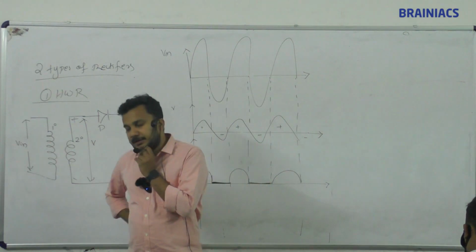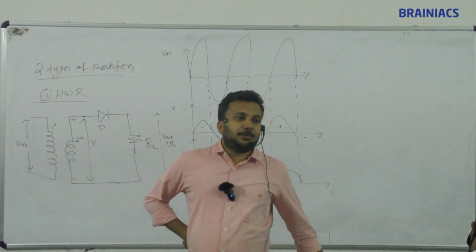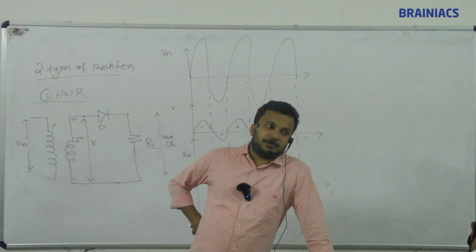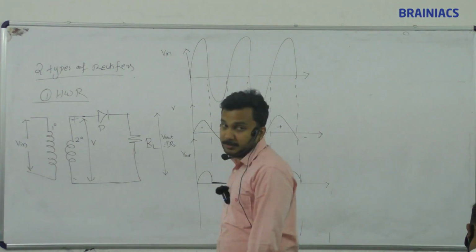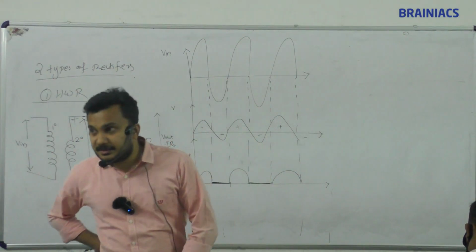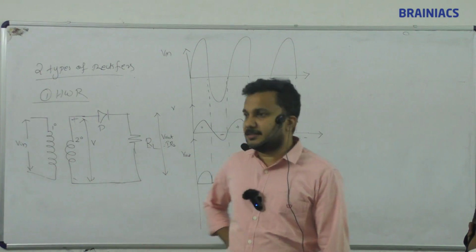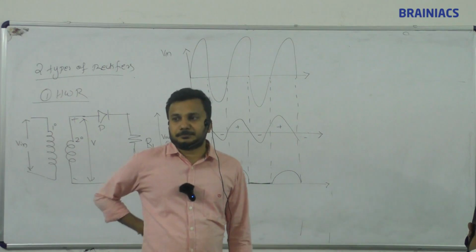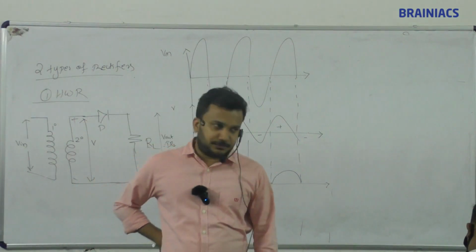Next point, during the negative cycle of the input signal, what will happen? Diode D is in reverse bias condition. Hence output equal to 0, because I equal to 0.